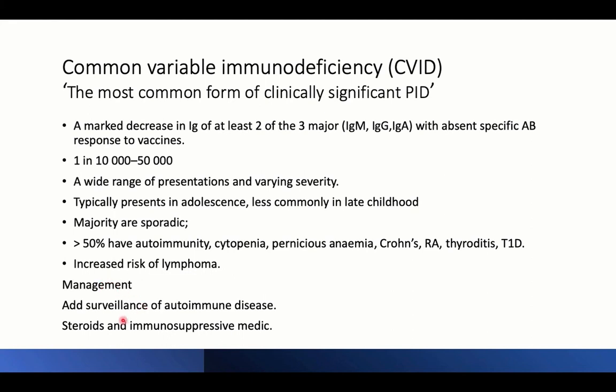So add here surveillance for autoimmune disease, like thyroid function periodically, like type 1 diabetes, and so on. In this case, we would need to start steroids and immune suppressive medications.